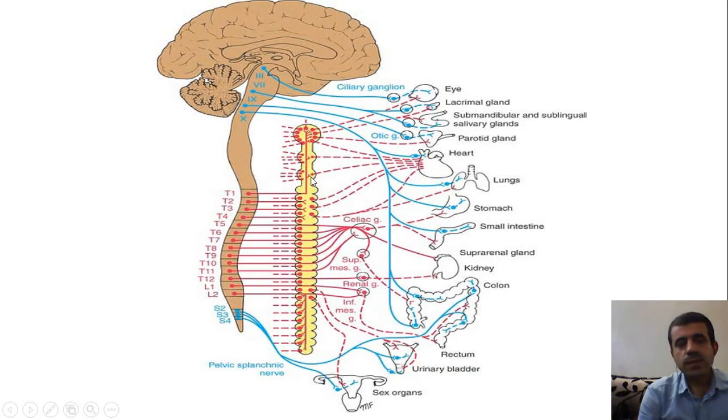This is the sympathetic trunk, which lies beside the vertebral column.